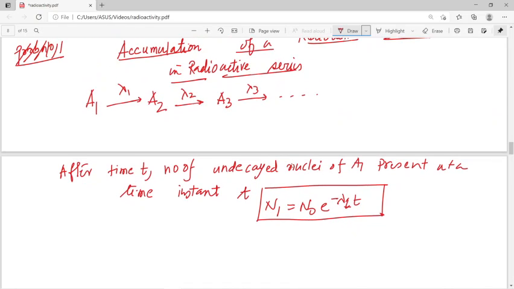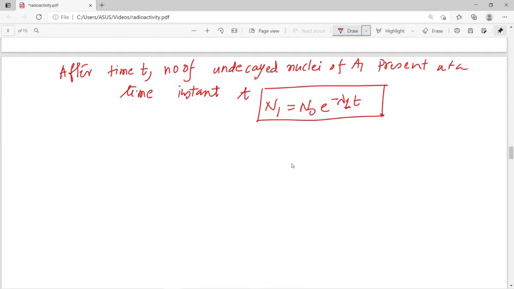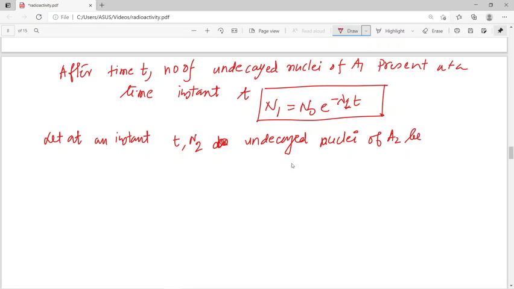Just see the figure: from A1, what is left, A2 comes, and A2 again decays. So let N2 be the undecayed nuclei of A2 present at instant t.